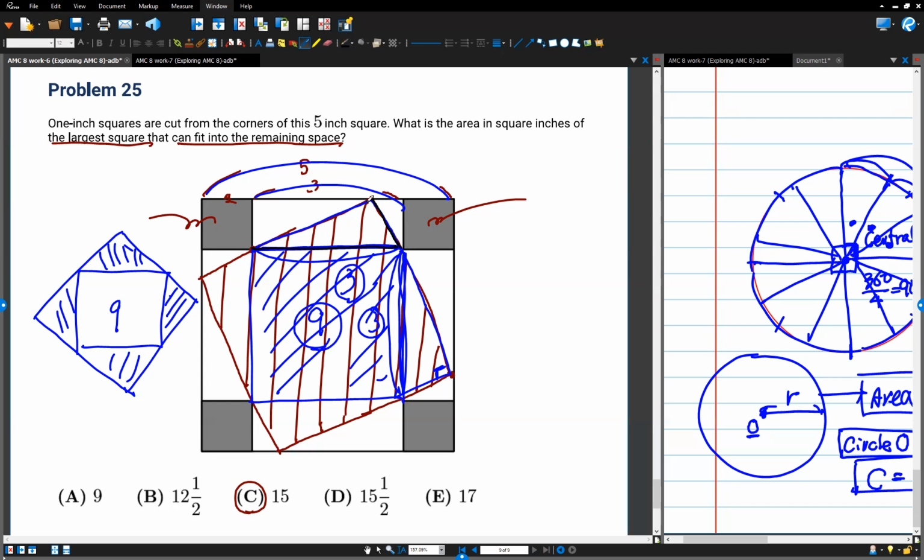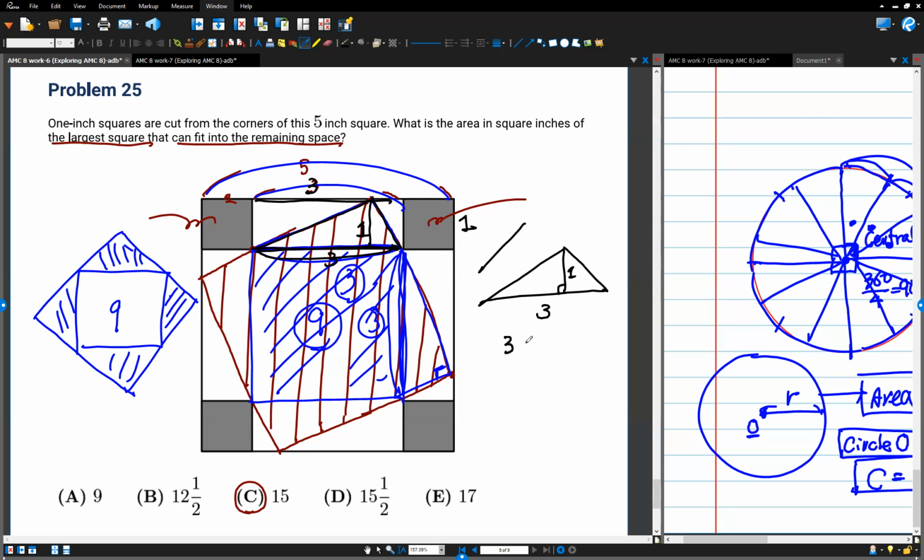The base is still 3, isn't it? Can you see that? Where is the height? 1 is the height. This is simple. The base is 3, the height is 1.